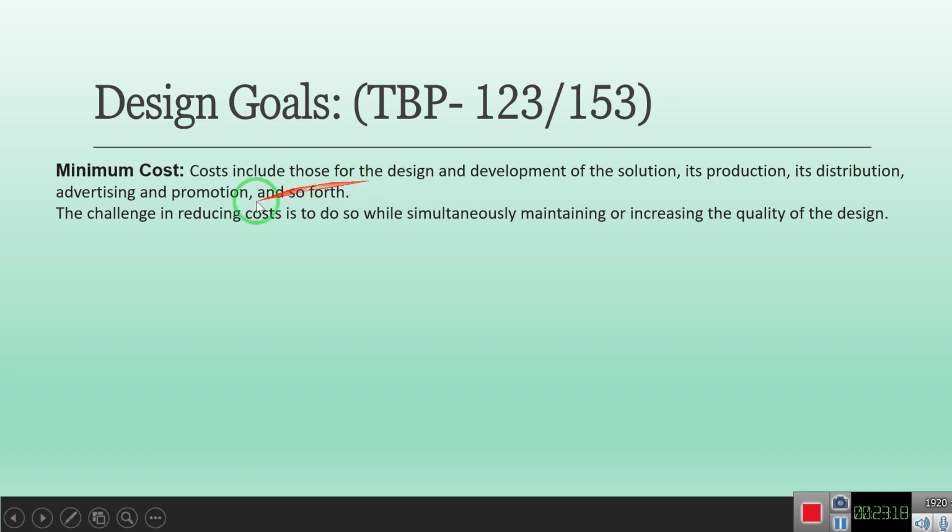The challenge in reducing the cost is to do so while simultaneously maintaining or increasing the quality of design. You should not decrease the cost while the quality of the item also decreases. It's not acceptable, because in the competitive world many products with the same specifications are there, and they will compare the quality based upon the cost also.